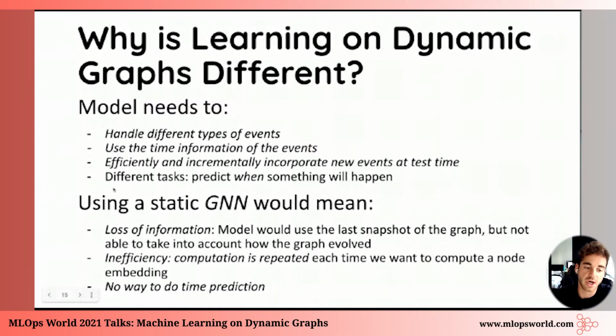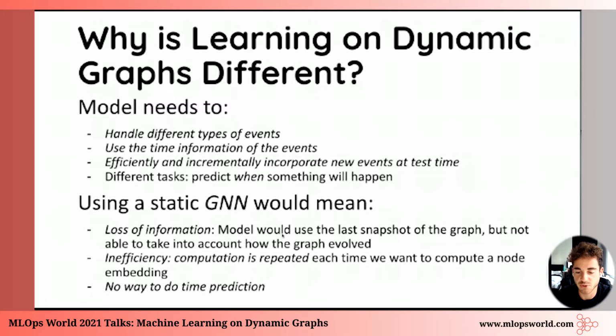And also, with dynamic graphs, you have a new class of tasks, which is predicting when something will happen, which is a qualitatively different task from what you have in static graphs, and you need different tools to answer this problem. So again, if we were to use static GNNs, this would lead to a loss of information, since static GNNs can only work with a snapshot.